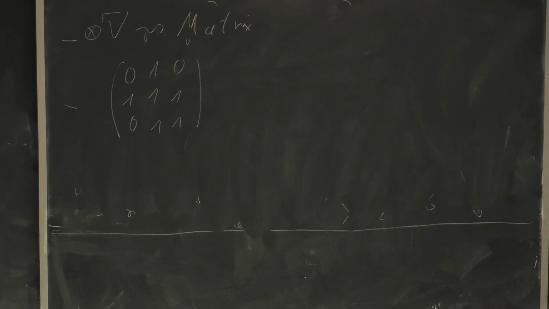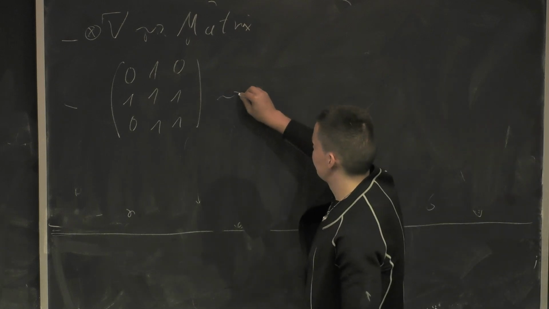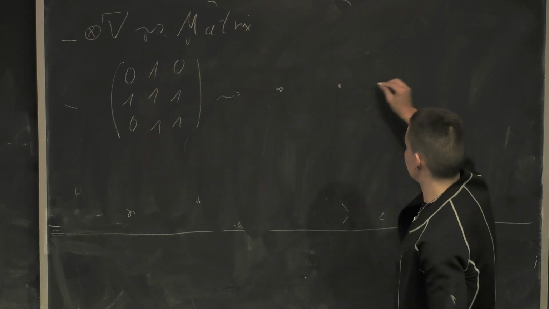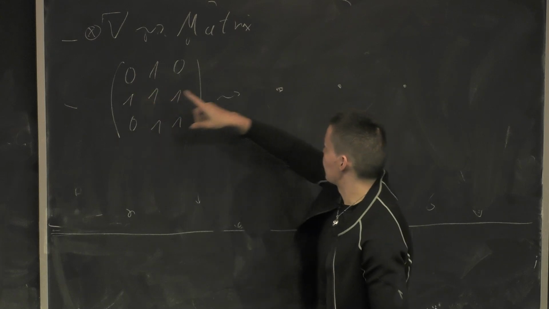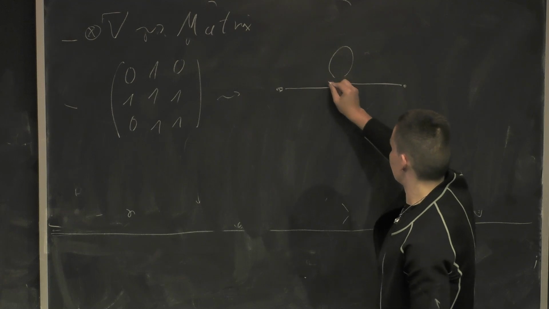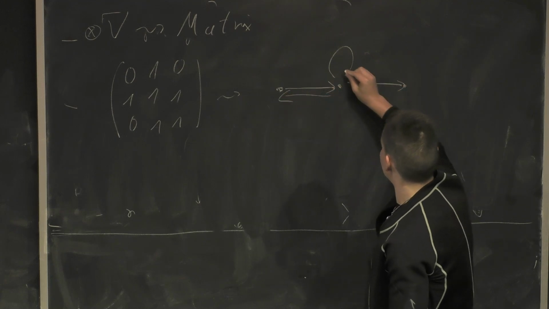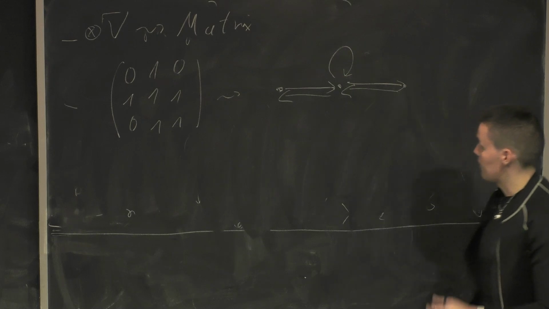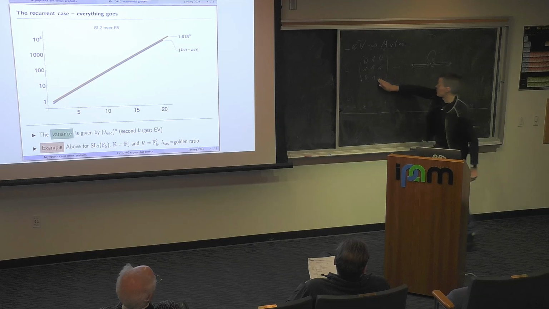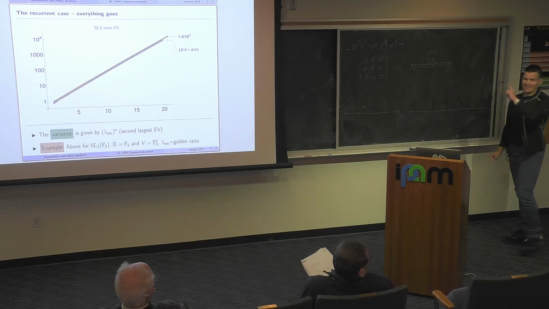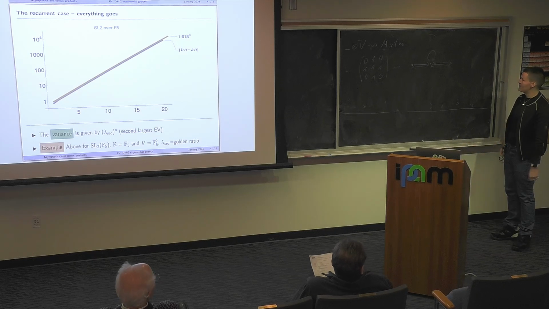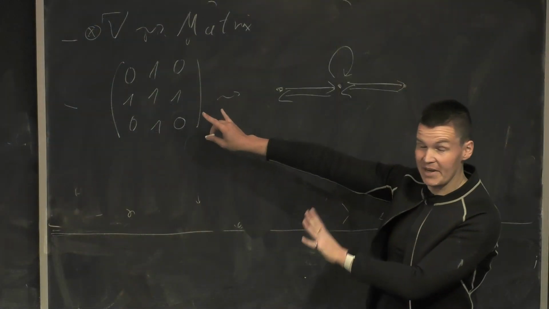Whenever I have a matrix, I have a graph associated to it, where every row and column is a vertex, and you connect them. So I connect 1 to 2, and I connect this one to everything, and this one to this one. The last is also connected to itself. Oh, I'm sorry, it was this matrix before. Now it's no longer connected to itself. Problem solved. So you write down that matrix, and it can be an infinite matrix.